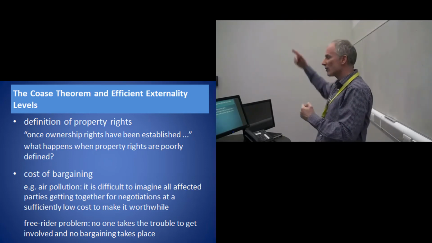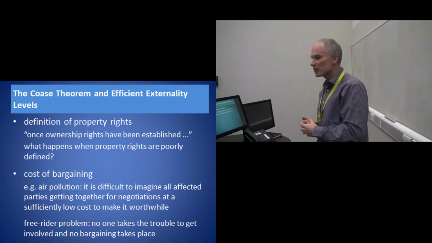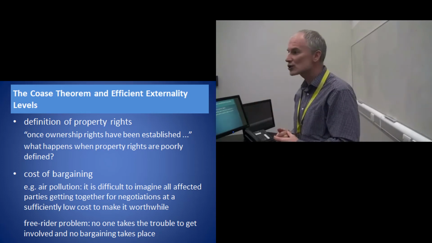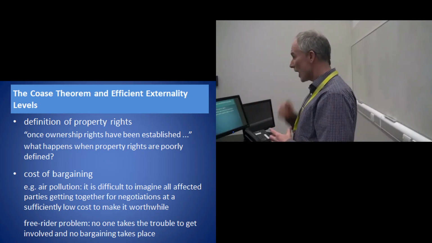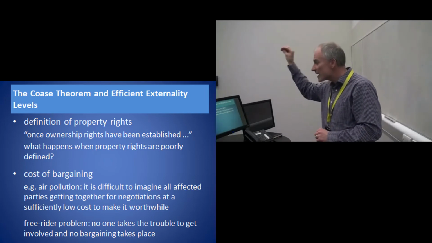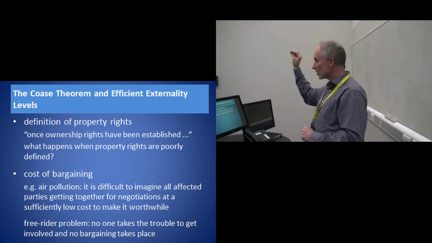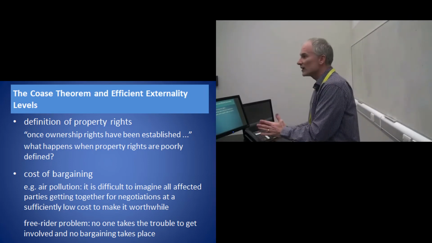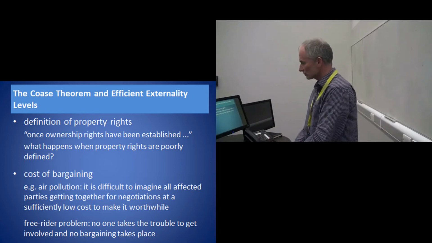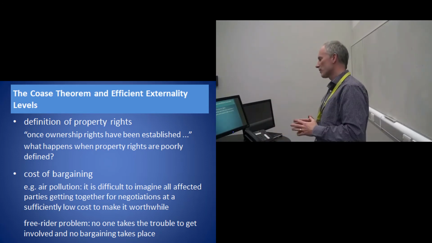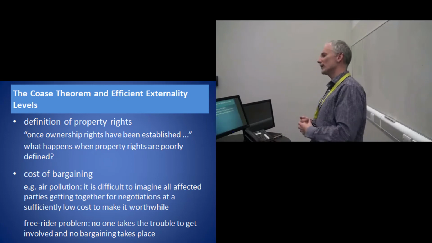The alternative scenario, I said, let's assume that person A has the right to smoke as much as he wants. Again, it defines a very, very clear starting point that bargaining takes place from. But what would happen when property rights are poorly defined?